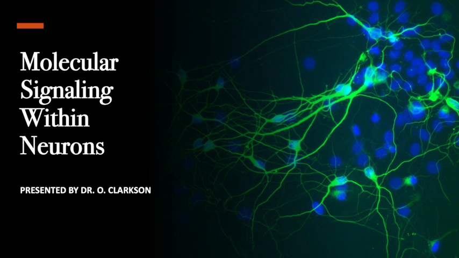So here are your G proteins. You have a couple different types. I'm not going to stress this very much. This is more for your information. If you understand the basic premise of a G protein coupled receptor, you should be good.